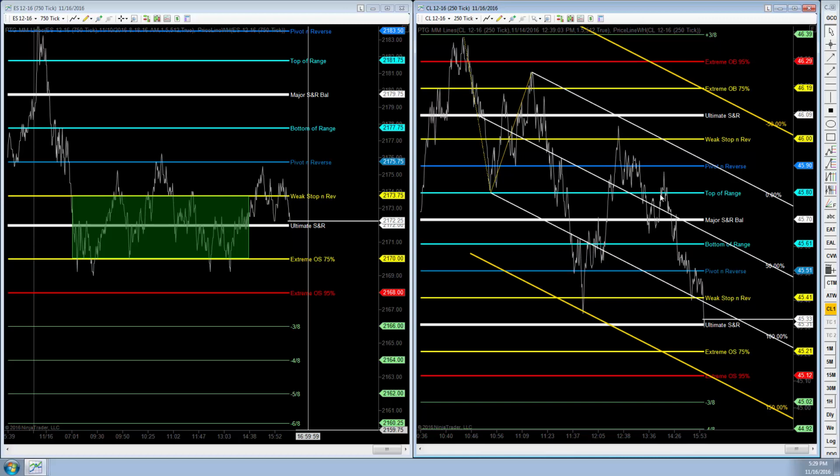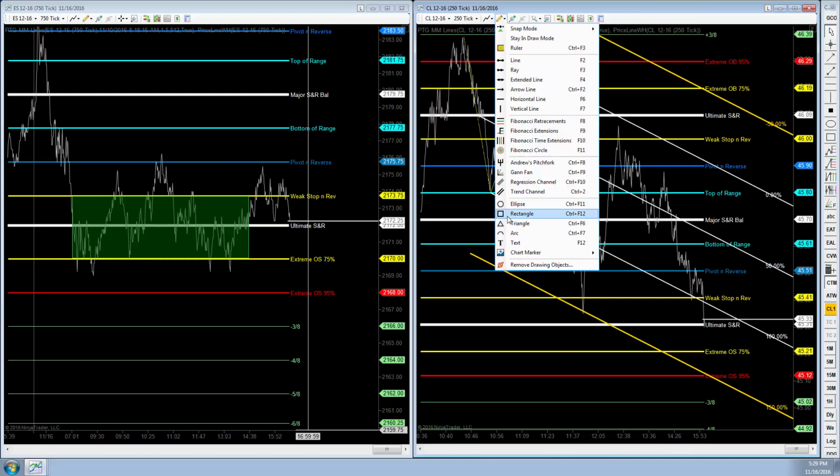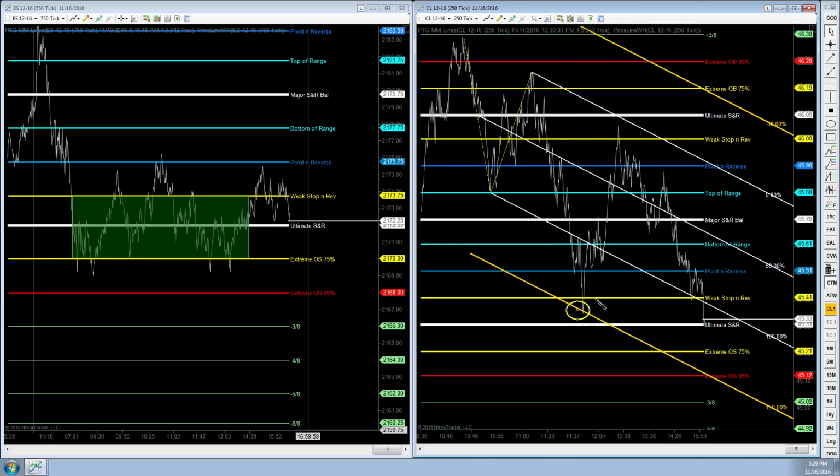Now, how I use this: you could say, okay, there's a bunch of lines there yet again. What we're specifically looking for are intersections. So let's take a look at this. See this area down here? There's an intersection of a weak stop reverse, so that's a 1-8, lower end of the range, and we're at 150% of the median line here.